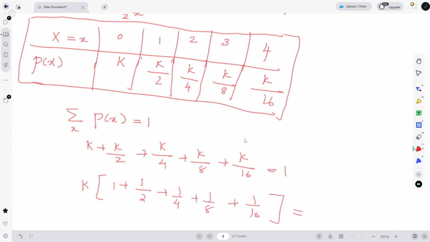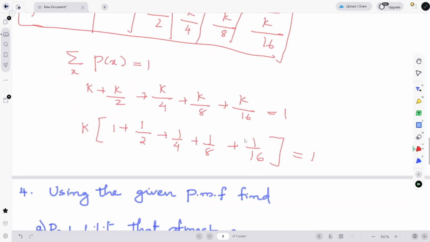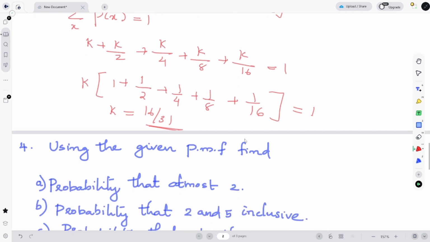Now you can use a calculator to solve this. Then you will get k is equal to 16 by 31. Okay, do the calculation yourself. You can take the reciprocal, or you can use a calculator.